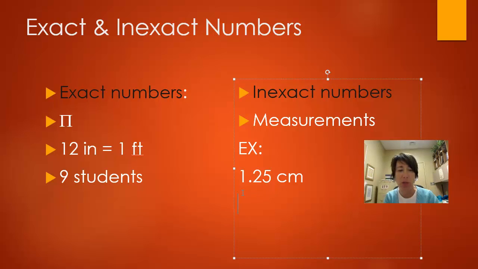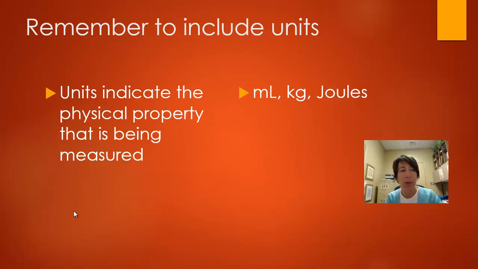So for example, this measurement, 1.25 centimeters, we know that the 1s and the 10th place value are known with certainty, and it is the 100th place that is estimated. So the actual length of this measurement is somewhere between 1.24 and 1.26 centimeters.